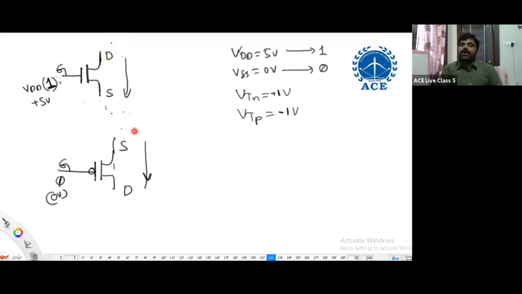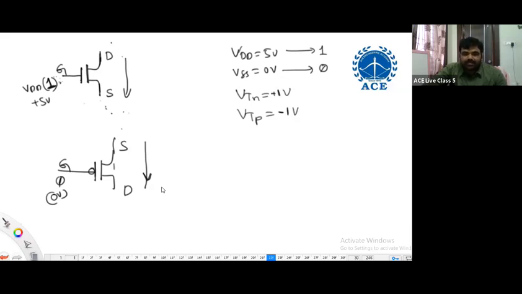Here, when I am applying positive potential, higher potential, it is sourcing the holes. Brahma Reddy, is that clear now? Yes.